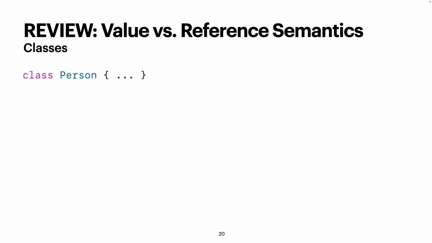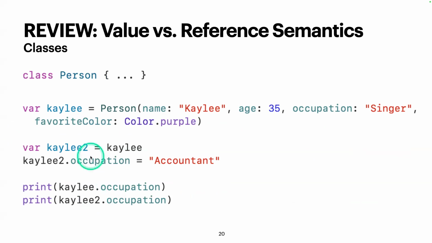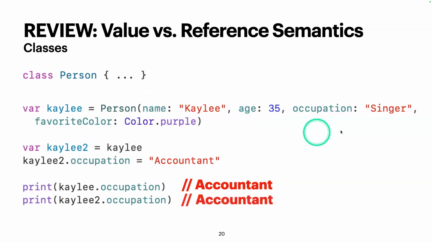For classes, again, they conform to reference semantics. When we assign a new variable to a class instance, or pass a class instance into a function, we're not creating copies, we're passing references around. So when we do kaylee2.occupation = accountant, we're actually modifying Kaylee's occupation property.